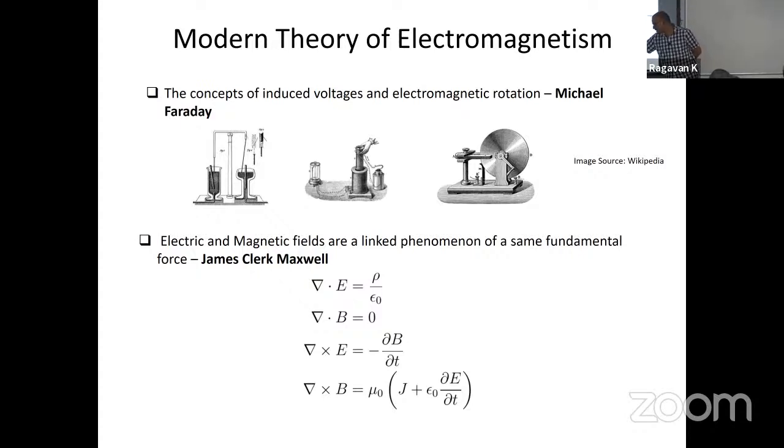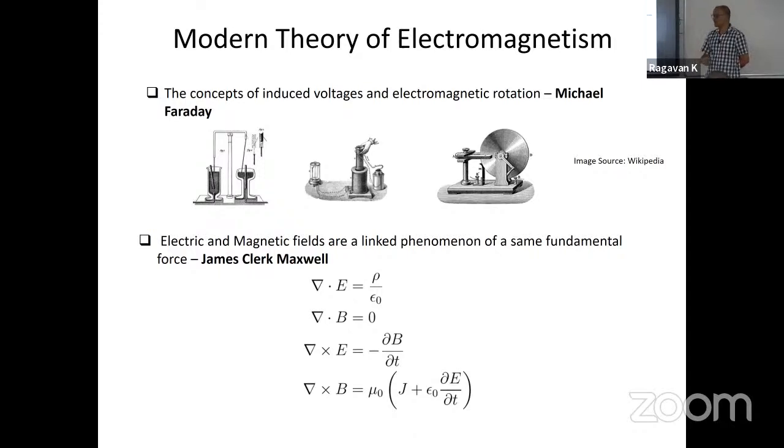We'll first understand del cross B is equal to mu naught into J. If there is a current carrying conductor, there is a curling magnetic field around it. And the third part says a magnetic field can also be produced by a changing electric field. You need not have a distribution of current or electrons moving.